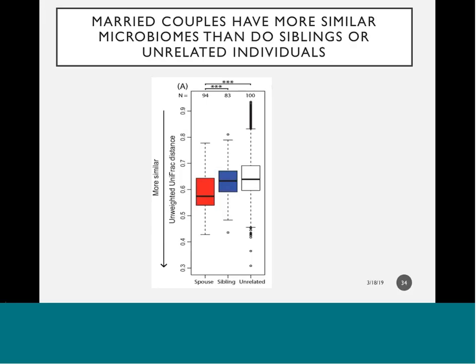The first thing that we found, and there was reason to believe this based on prior work, but the prior work was actually less consistent than we initially assumed. So we compared our married couples to sibling pairs to unrelated individuals, and indeed we found that people living together had much more similar, shared microbial composition than did unrelated individuals, but also as compared to siblings.